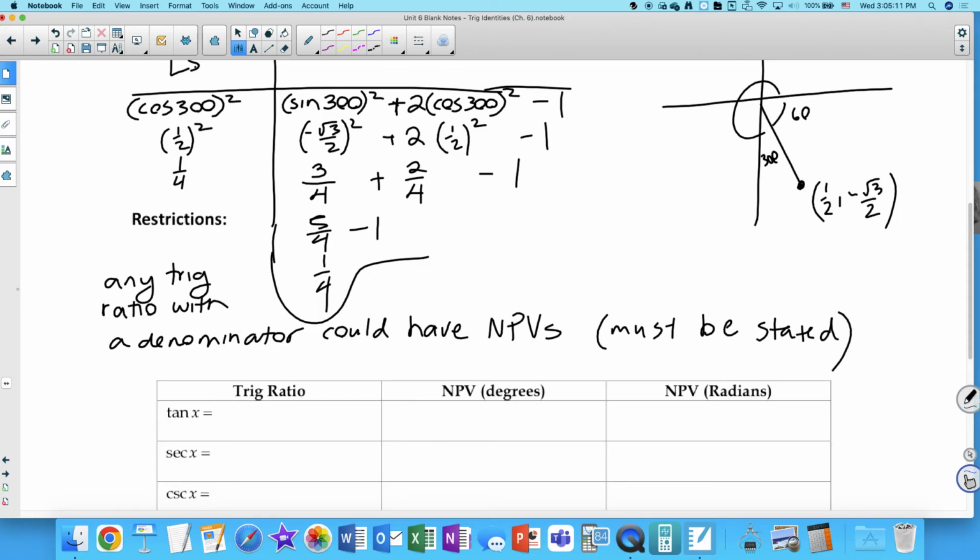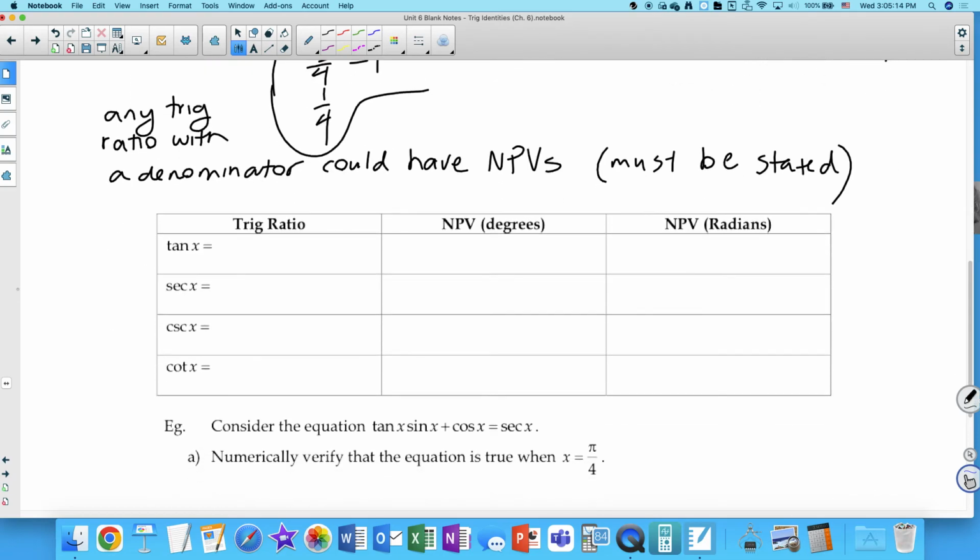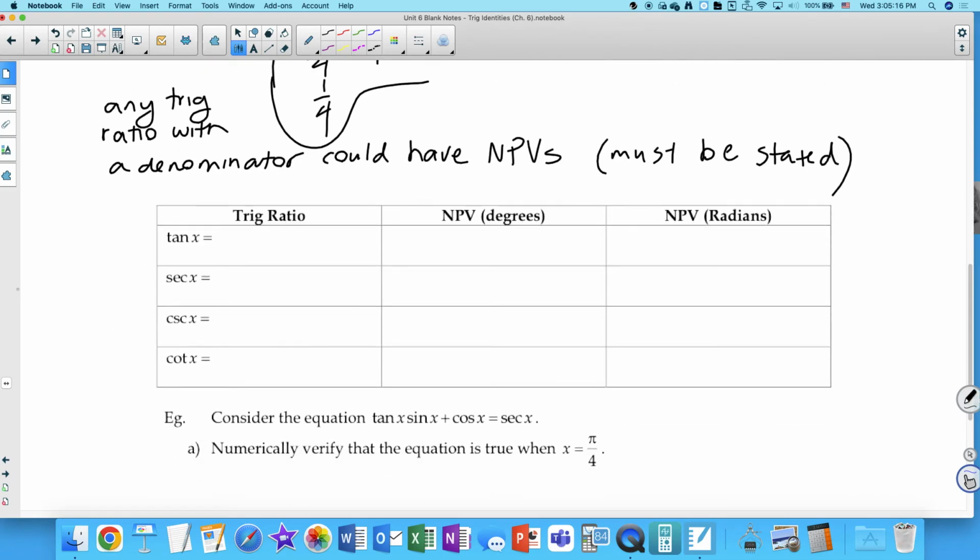So for example, if we're looking at tangent x is equal to sine x over cosine x, which means cosine x cannot equal 0. So for what angle does cosine x equal 0? Cosine x is the x value, so that's 90 degrees or pi over 2.